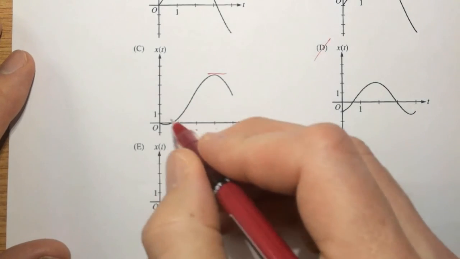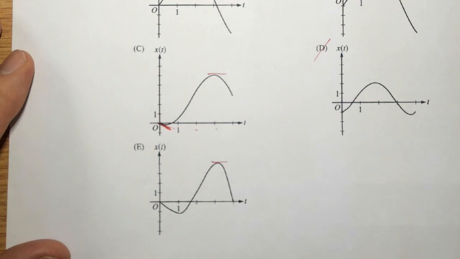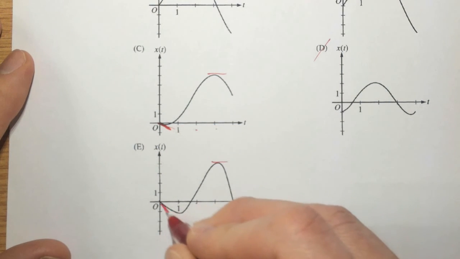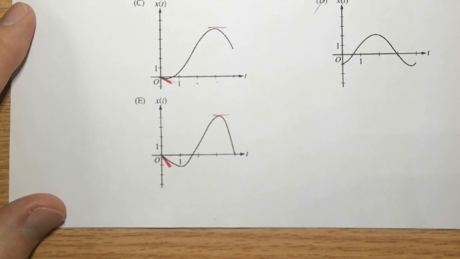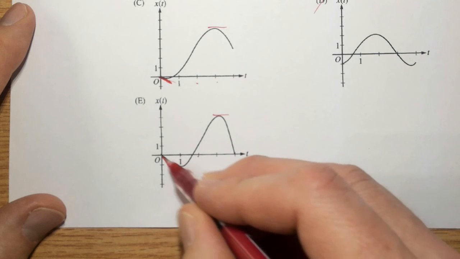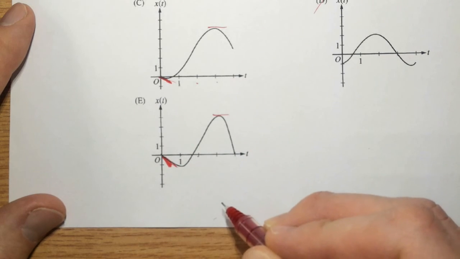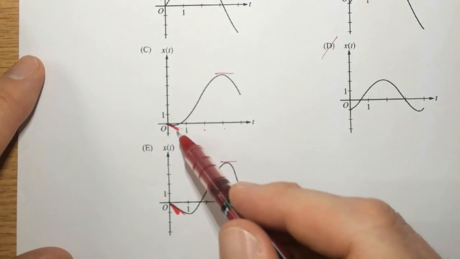Here's the initial slope of our tangent line for C. Here's the initial slope of the tangent line for E. Looking at these two, doesn't it seem like this slope is close? Actually, I made it a little too steep. I think it should be more like that.